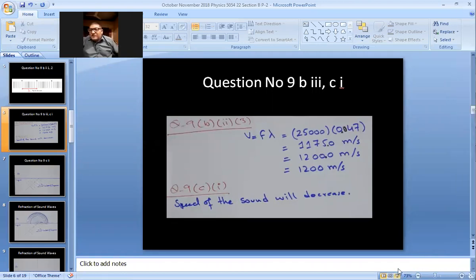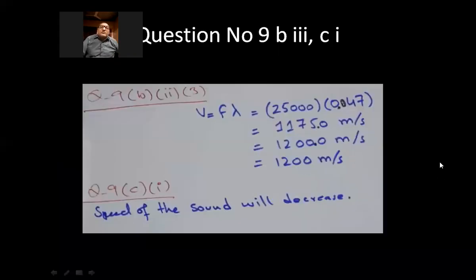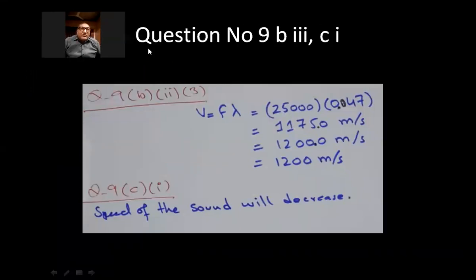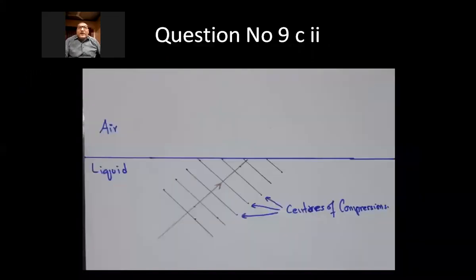That is the first part, question number 9C, first part. And now we will learn how to draw the sound wavefronts when they go from liquid into air. Here you can see the original diagram. Here the wavefronts are shown.